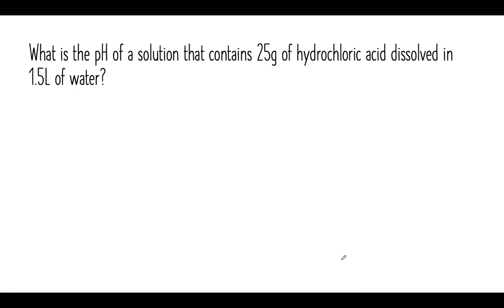So this first example is again asking us for the pH of a solution, and they're giving you the mass of this acid, hydrochloric acid, dissolved in 1.5 liters of water. First of all, I have to identify what kind of acid it is. I know that HCl is a strong acid.